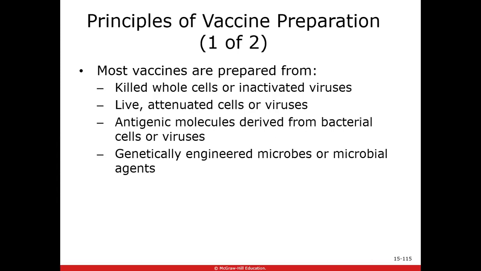That is killed or inactivated. Then you have live attenuated. Attenuated means that it's live, but it's weakened, so it won't cause disease. So you have live attenuated cells or viruses. Then you have antigenic molecules derived from the bacterial cells or viruses. So they just take a piece of the antigen.